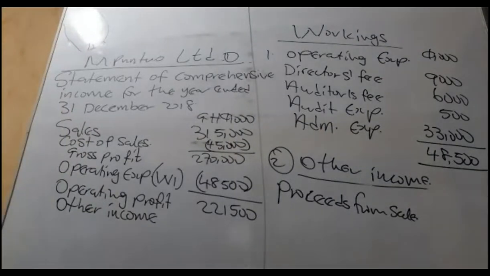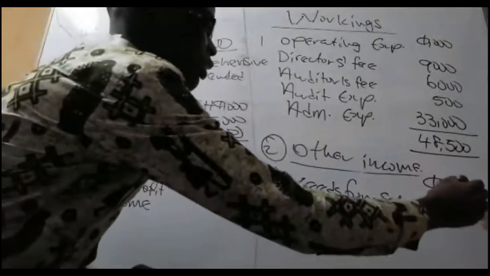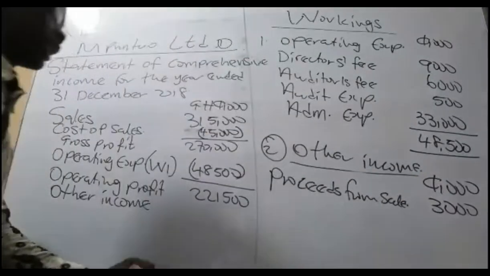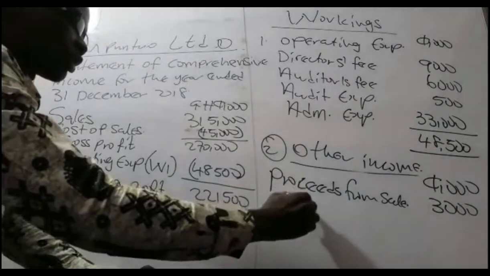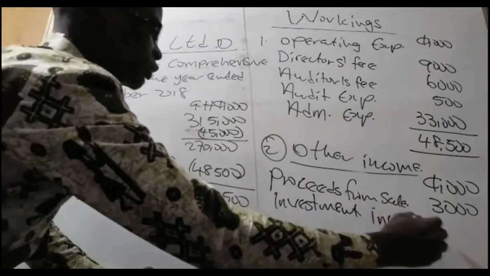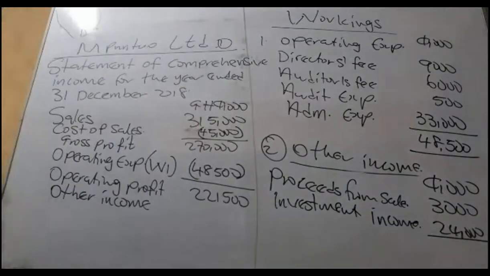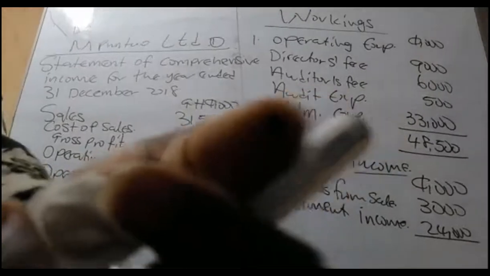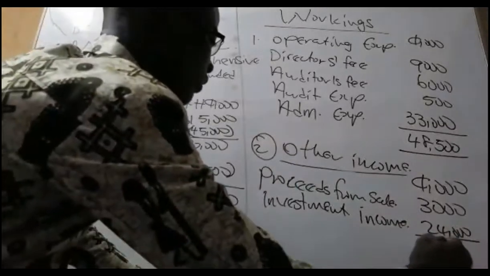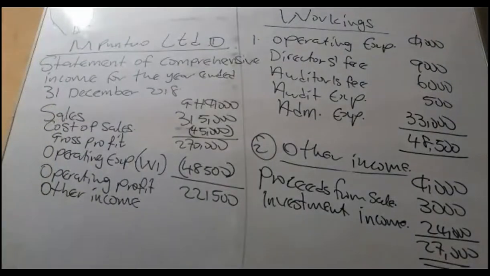So bring the three zeros here. Proceeds 3,000. Then investment income 24,000. Putting everything together, we have 27,000. Good. So that is it.